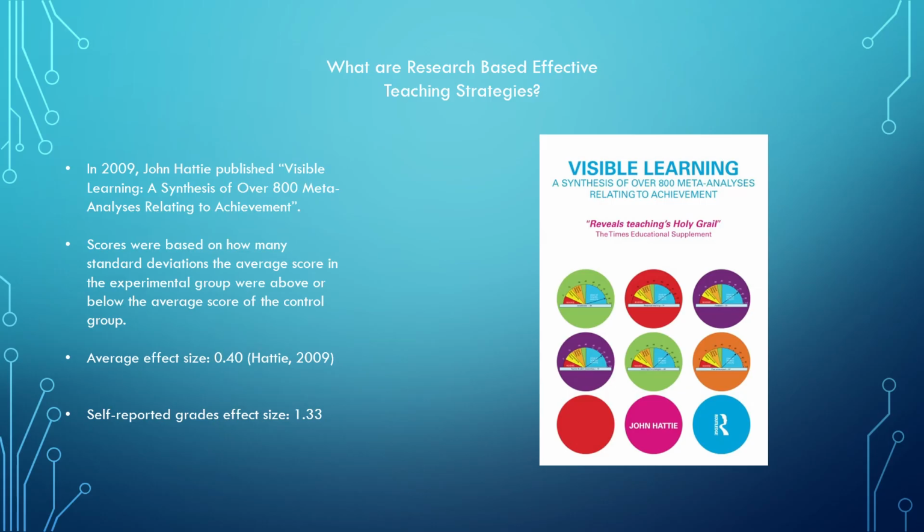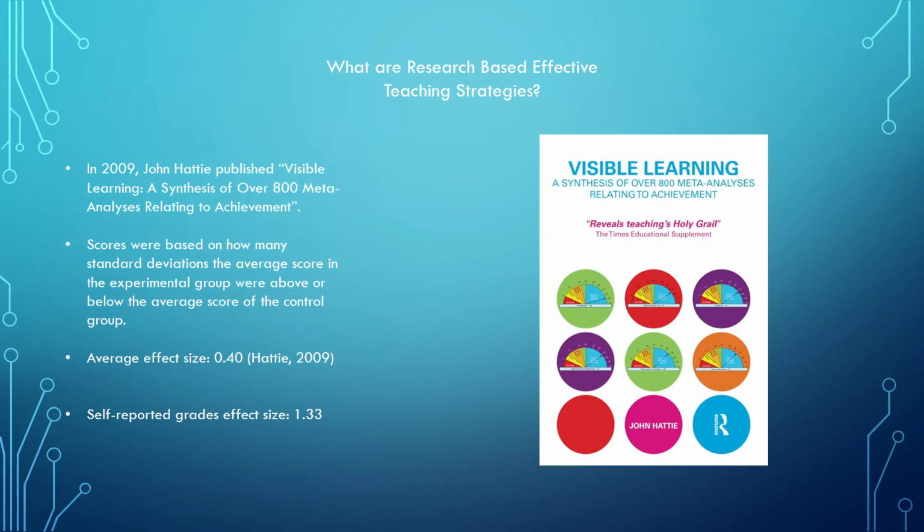So Hattie had different strategies or influences that he would subject students in an experimental group to. He would measure how well those students performed or didn't perform when they had been subjected to that strategy or influence compared to a control group who had not been subjected to that influence.